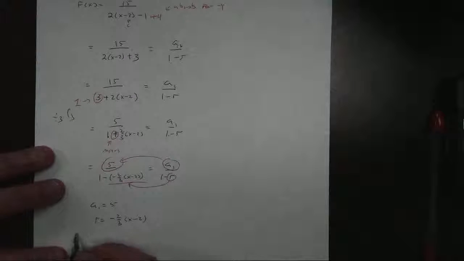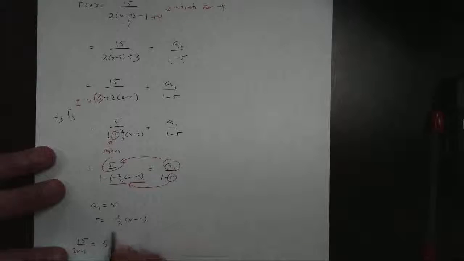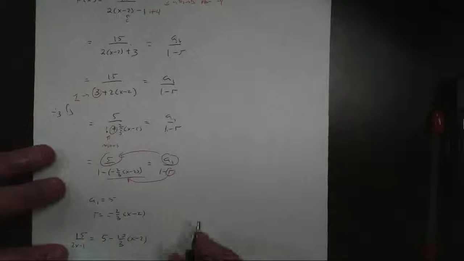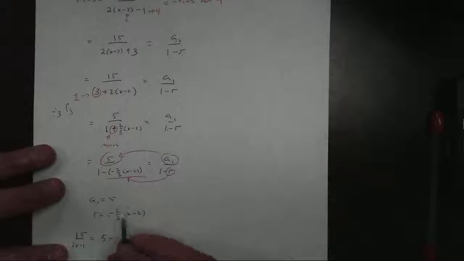And what we're going to do now is expand it. So my original 15 over 2x minus 1 can be equal to, my first term is 5, minus, be careful, 10/3 x minus 2. Remember, I'm going to multiply everything by 2/3 here. Plus, because it's also going to alternate, I'm going to multiply this by negative 2/3.